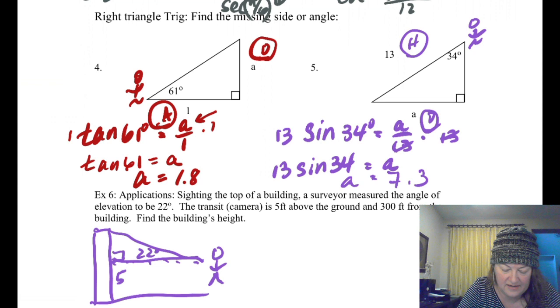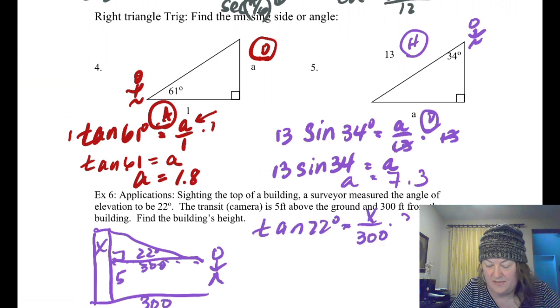So I know the building is going to be whatever that side is of the triangle plus the extra 5. All right, so they also told me I'm 300 feet from the building. So on the triangle, that's the horizontal part. What trig function uses those? That's going to be O and A. That's tangent. So tangent of 22 equals x over 300. So multiply by 300, and we get 300 tangent of 22 equals x.